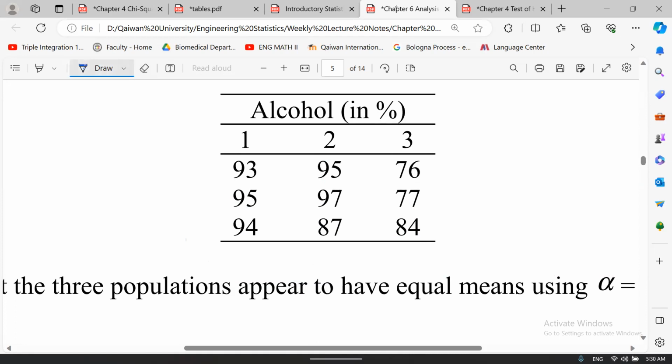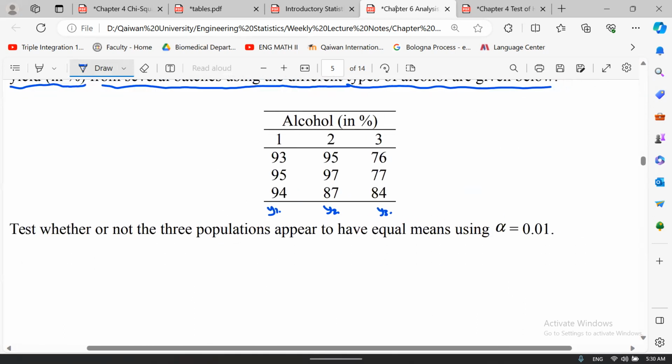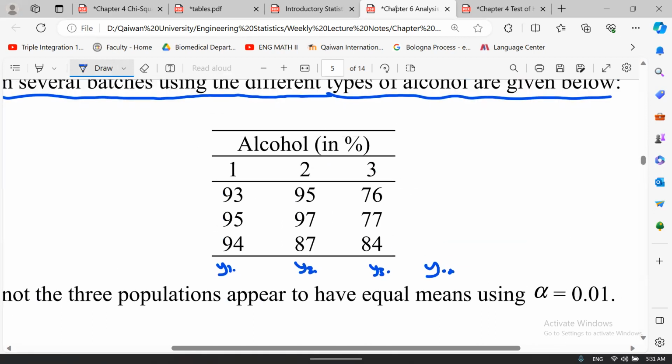Here we have y1 dot, y2 dot, y3 dot, but in the previous one it depends on both rows and columns. That's why the indices are important. Now, and also y double dot. We have these. In solving the question, we need little n's, n1, n2, n3, and we need capital N. We also need k. K is the number of columns.